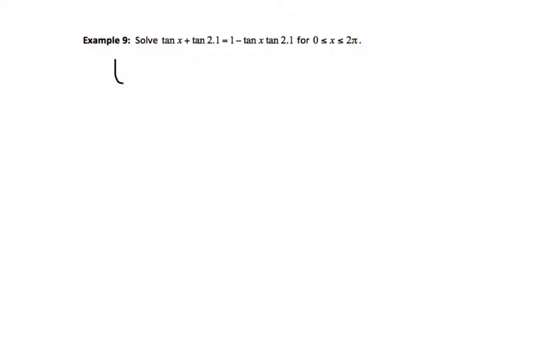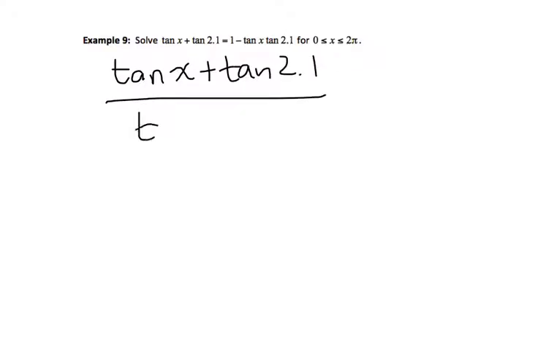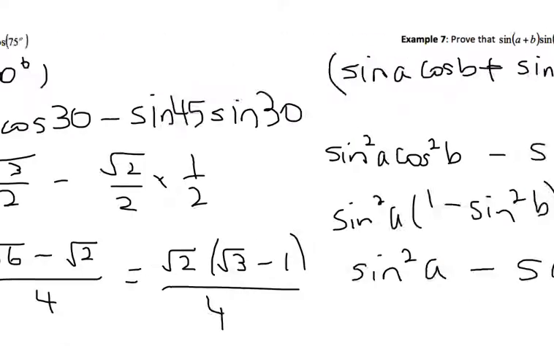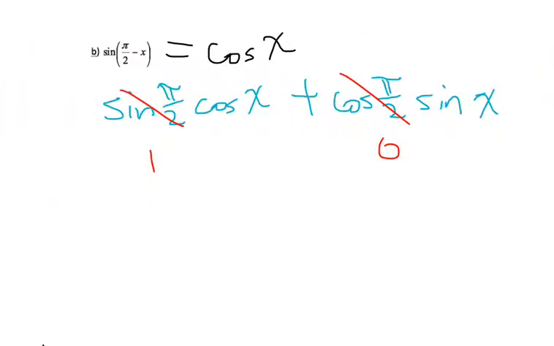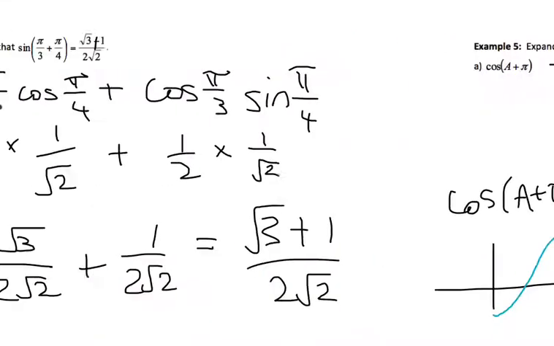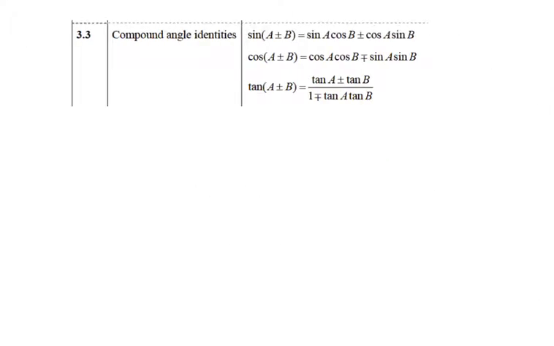I notice that if I divide, I'll have tan x plus tan 2.1 divided by tan x tan 2.1. And I don't know if I wanted to divide that way or the other way, because I can't remember what the rule says. And the rule says plus on the top, 1 minus on the bottom. So I actually wanted to divide with the 1 as well.